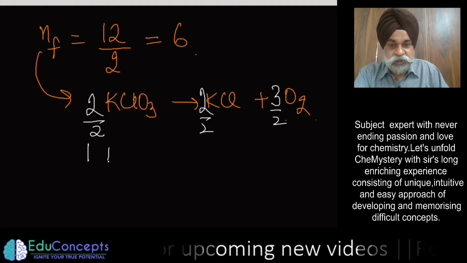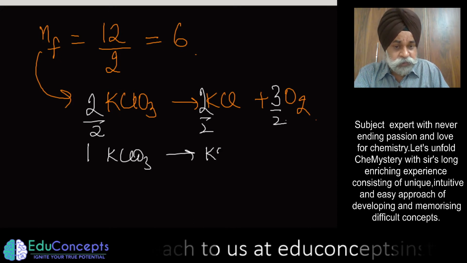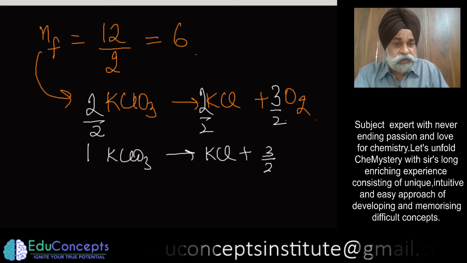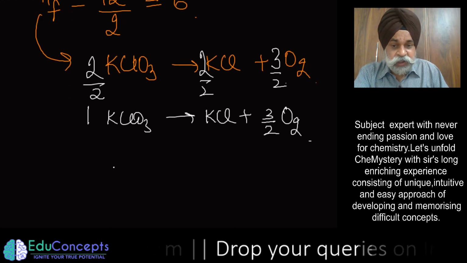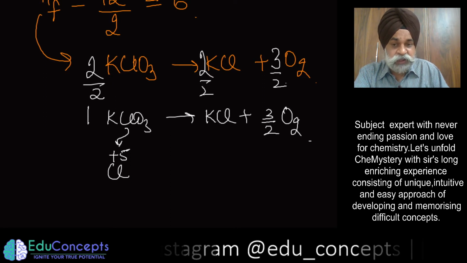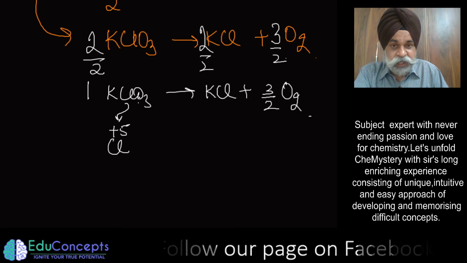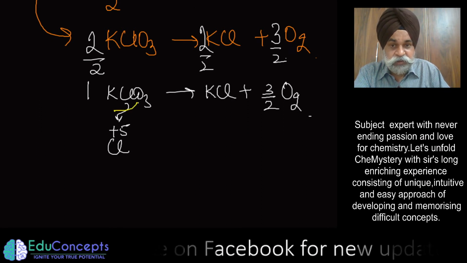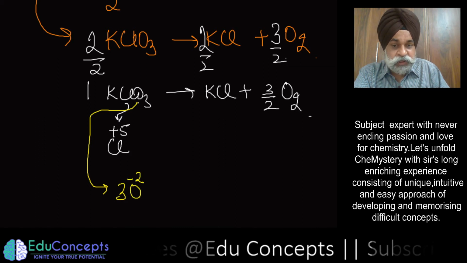So what I am saying is potassium chlorate goes to KCl and 3/2 O2. So now you could see here that you simply have 1 chlorine of +5 oxidation state within the 1 mole, and within the 1 mole you have how many oxygen atoms? You have 3 oxygen atoms of -2 oxidation state.